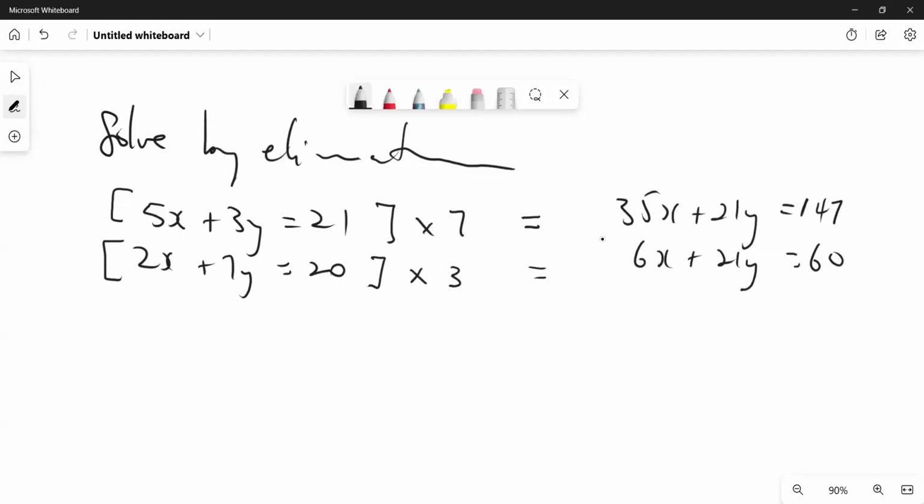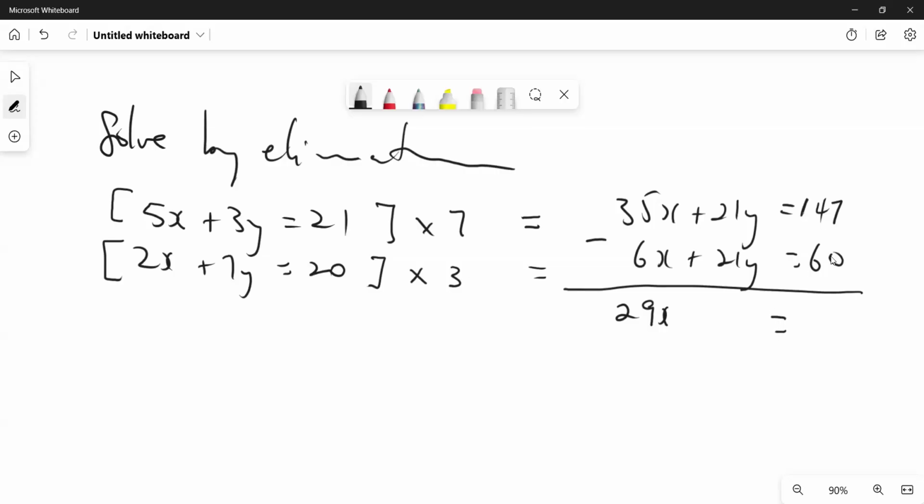And now we can do the subtraction. If we subtract, look at what happens. 6 from 35, you'll get 29x. This 21y minus 21y will give you 0.